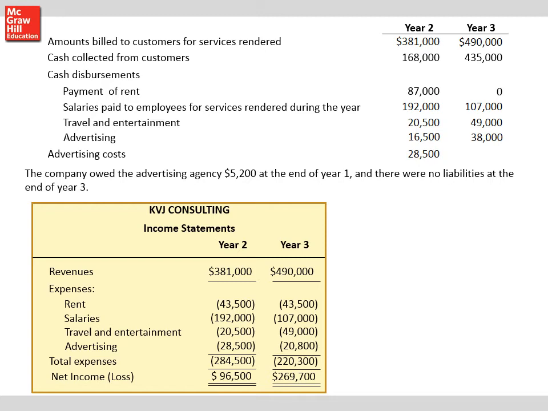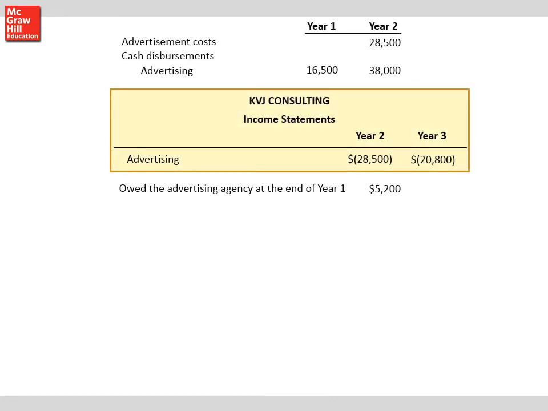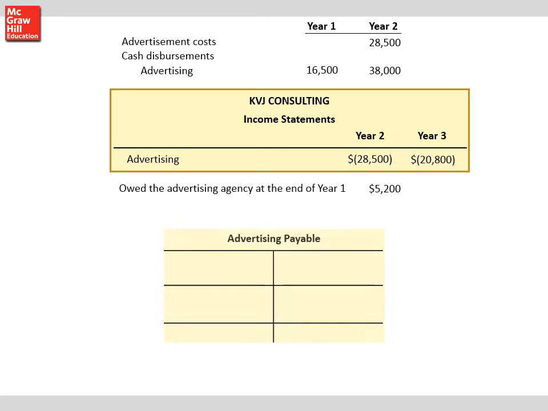In requirement 2, we need to determine the amount due the advertising agency that would be shown as a liability at the end of year 2. Well, I worked that through with you, right? The accounts payable started with a credit balance of $5,200 because they tell us in the problem at the end of year 1, the company owed $5,200.